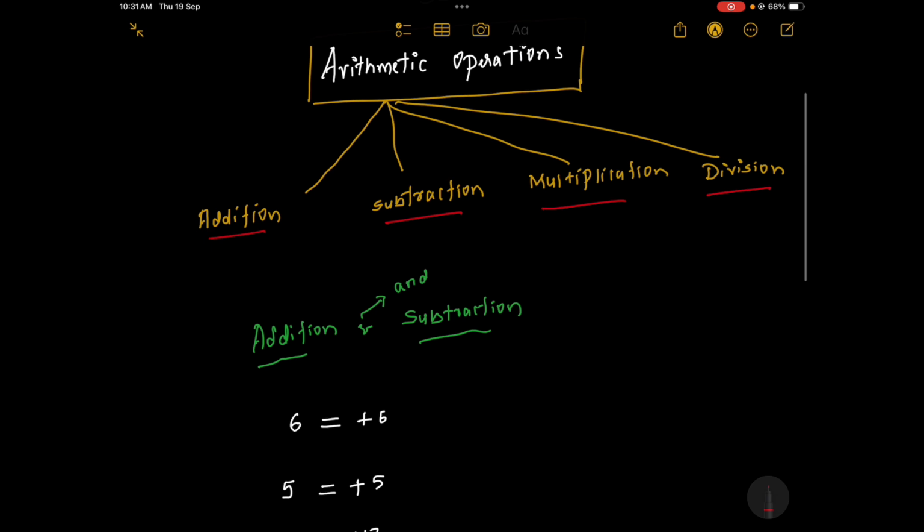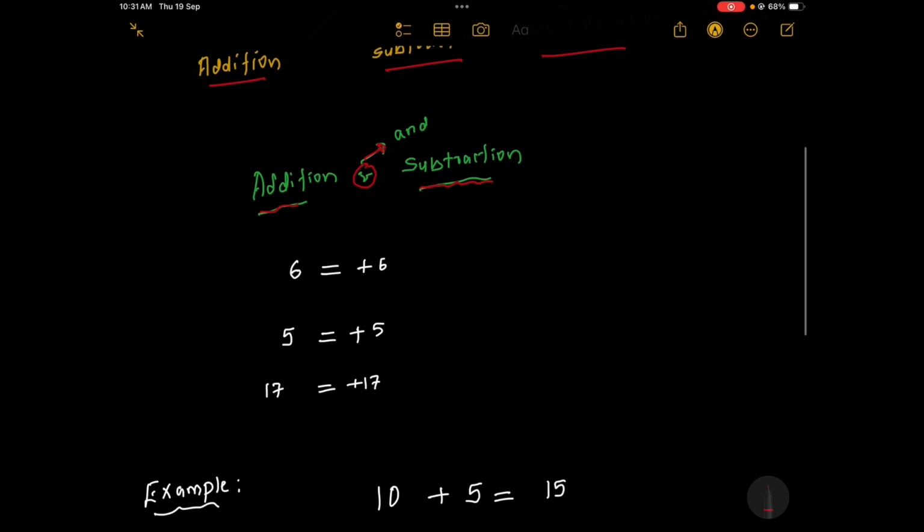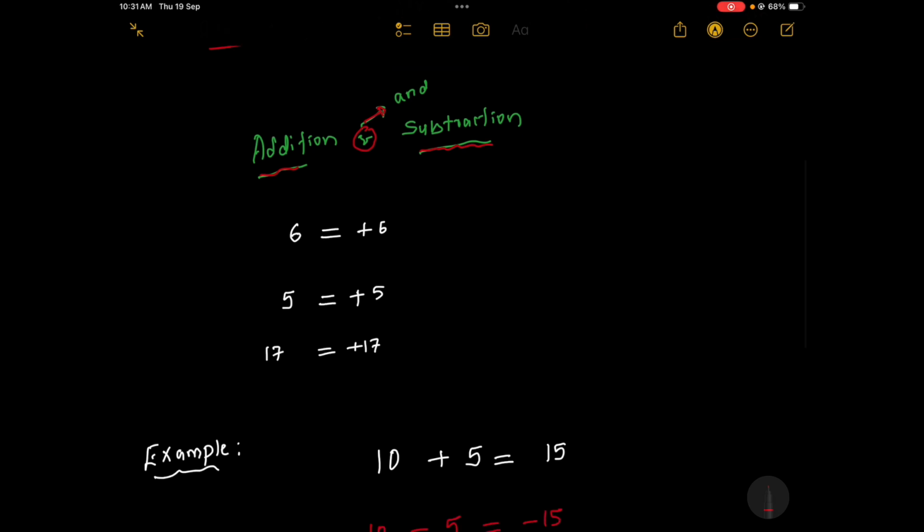Now we will start with addition and subtraction. We will start with addition and subtraction of integers. So if I write this symbol, it means it is AND. Okay. Now, before going into the addition and subtractions, suppose a number 6 is there, if no sign is involved here, it automatically means it is positive 6.